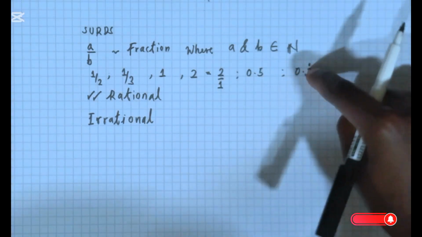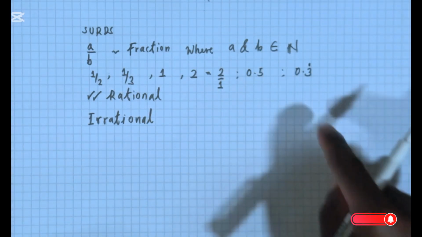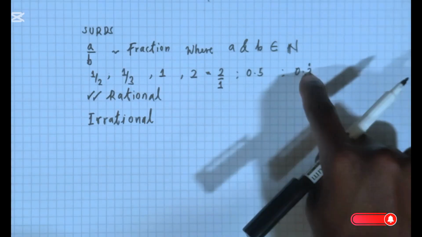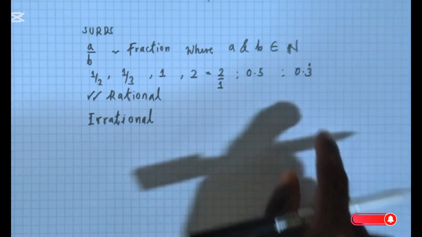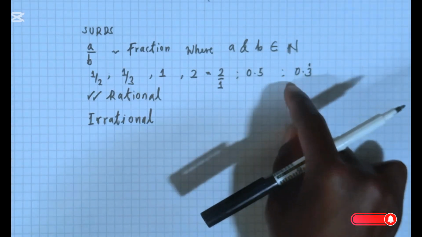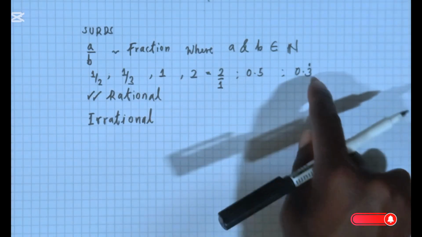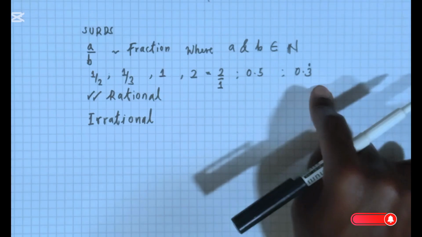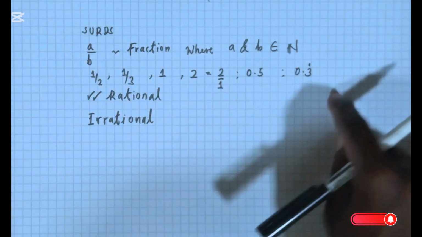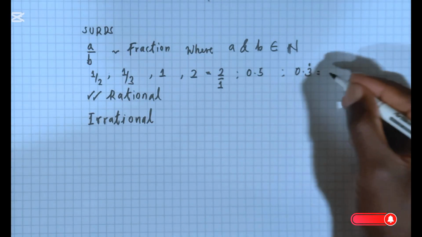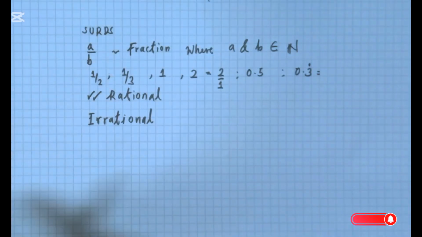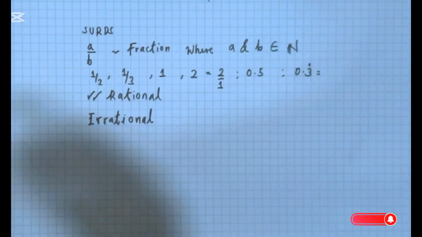Remember, I have a dot right above the 3 to show that it's recurring. So this here is also a rational number. Why? Because we are seeing a trend where 3 repeats itself to infinity, and therefore we can always write it as a fraction. If we write it as a fraction, it will be a third. That is what a rational number is.